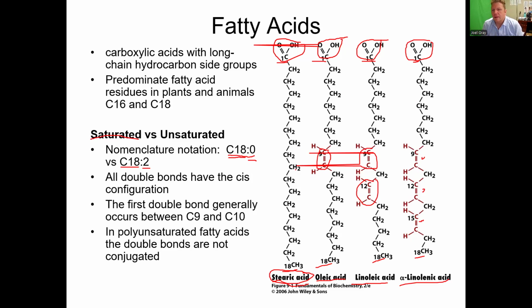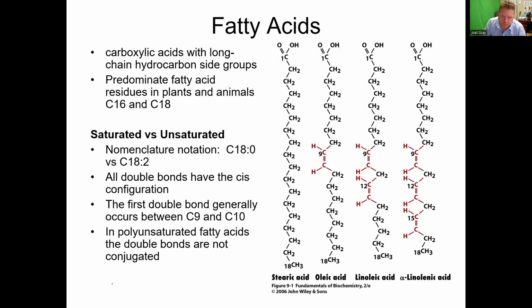Well, if we look at linoleic and alpha linolenic acid as an example, I always like to translate that into something that makes sense to me. Now, I'm going to clear all my markings on this slide so that I can say, okay, let's take into consideration all of this information, specifically these last two bullets.